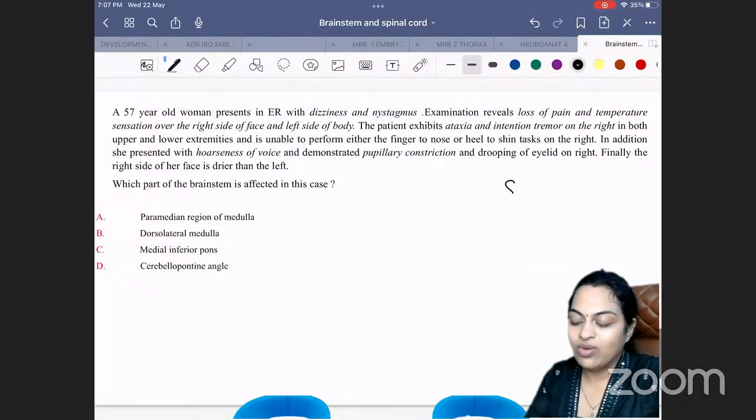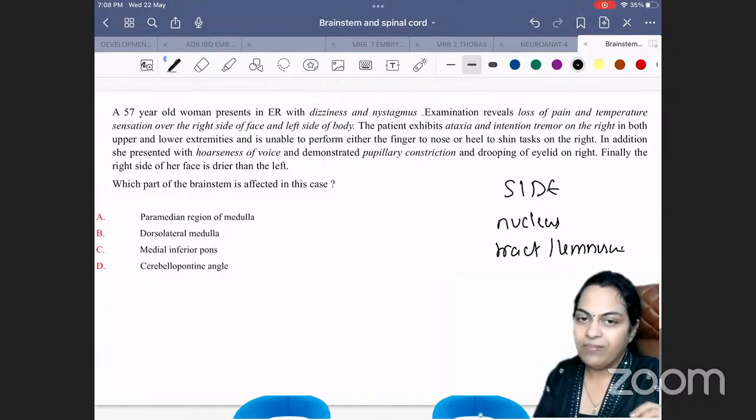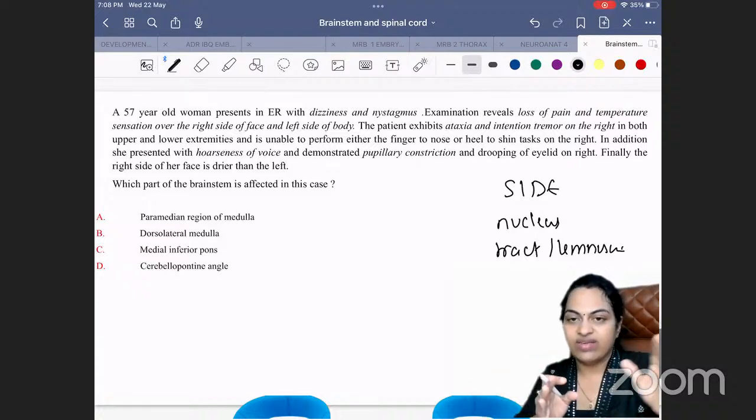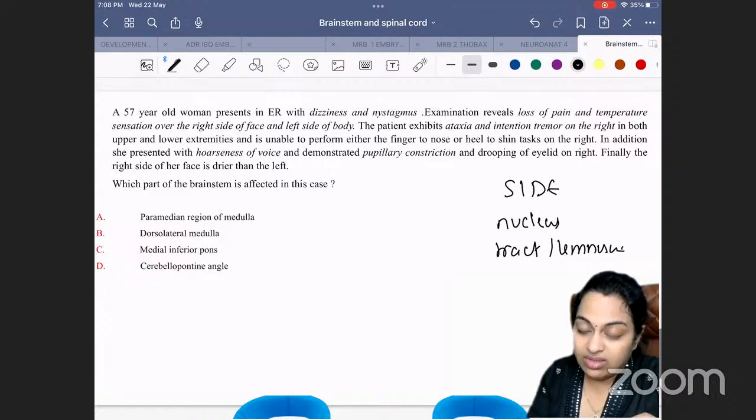One, you should be able to identify the side of the lesion, and with the clues given, you should be able to identify whether it is a cranial nerve nucleus, or any tract or lemniscus, which is involved. The clues in this case scenario I've given in italic font, so that we'll be able to identify. Have you read it?